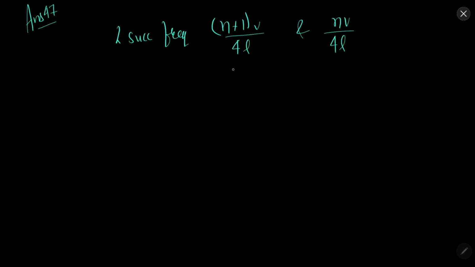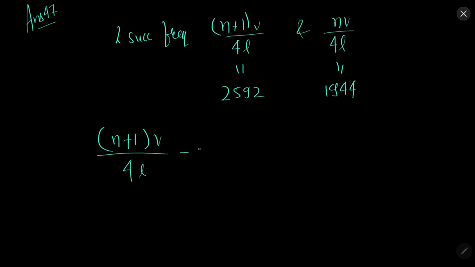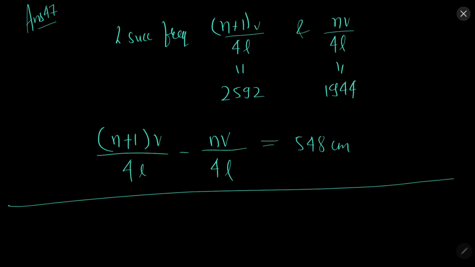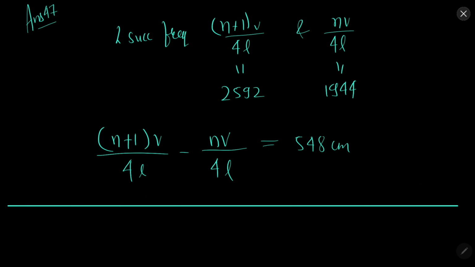So here it is given that this is equal to 2592 and this is equal to 1944. So let's subtract these two. The subtraction will give us 548 centimeter. So this will be there. By this you can find.